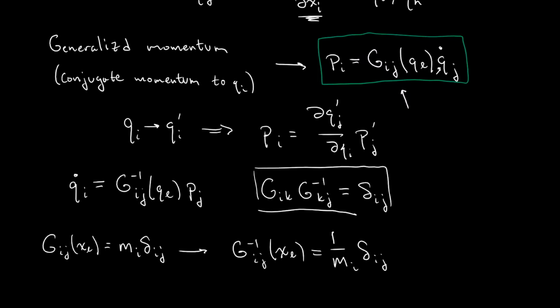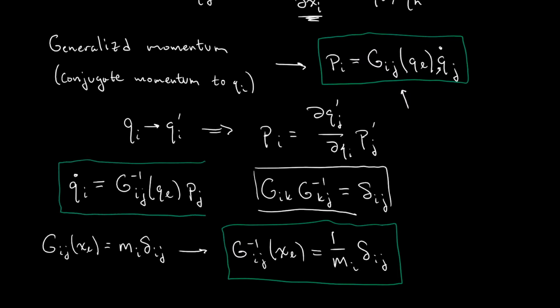Okay, this is another one that I'm going to put in a box. And actually, while I'm boxing everything, I might as well put this one in a box as well. That's going to be very, very important.